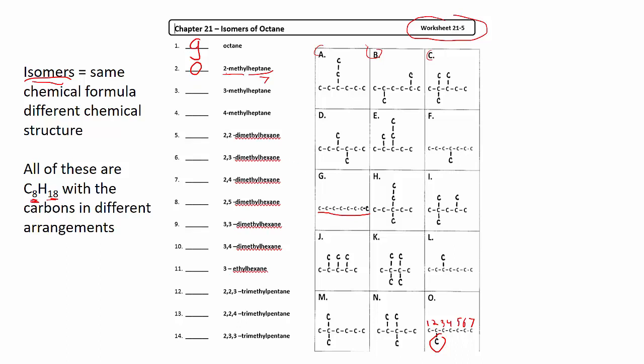From there, 3-methylheptane. Very similar. Need to find one that's 1, 2, 3, 4, 5, 6, 7, but now that methyl group is off the third carbon. So that's going to help us out as we're going forward.